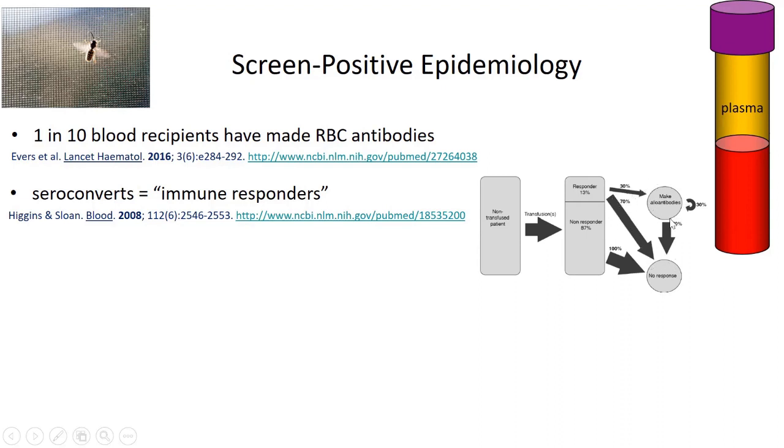So this cycles with every subsequent exposure so that immune responders make themselves evident early on, eventually reach saturation, whereas non-responders can get transfused virtually ad infinitum and maintain their screen negativity for longer periods.